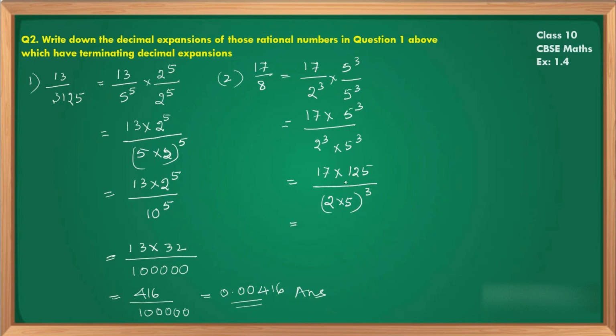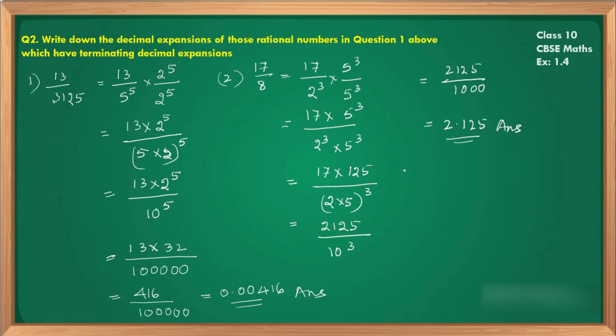So we get 2125 upon 10 cube, which can be written as 2125 divided by 1000. Count the number of zeros. We have 3 zeros here, and now count 3 places from the right, 1, 2 and 3, and then put the decimal. Thus you get 2.125 as our answer.